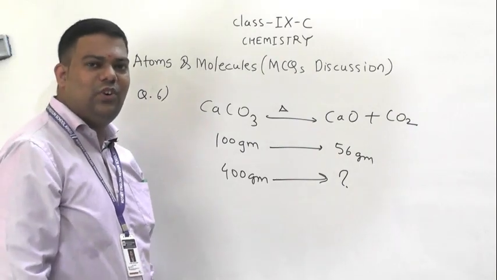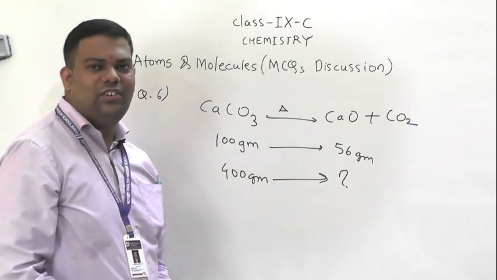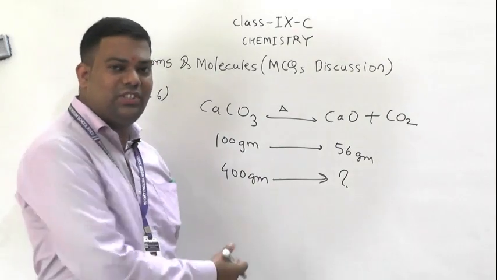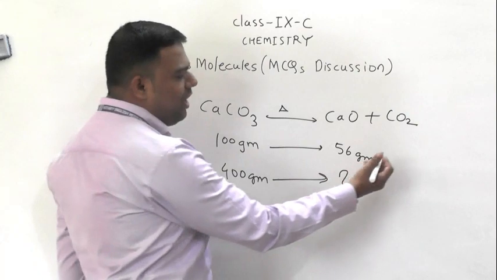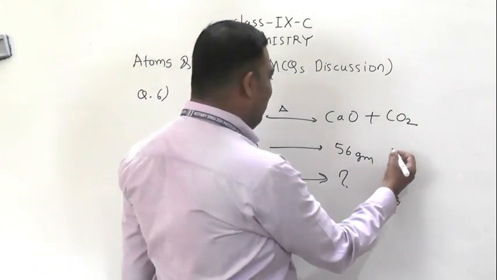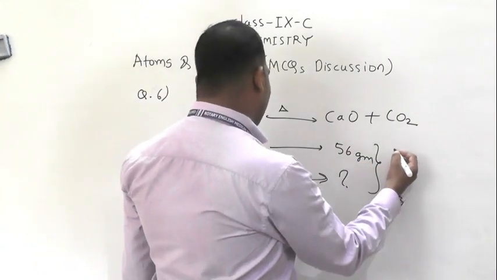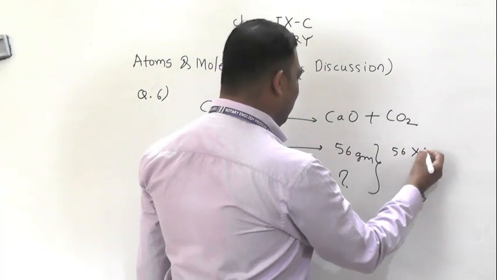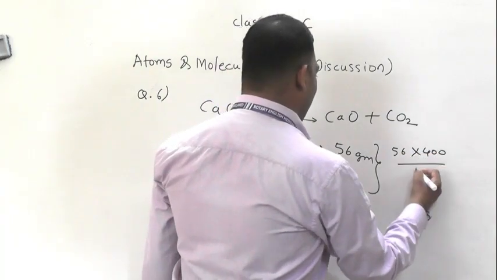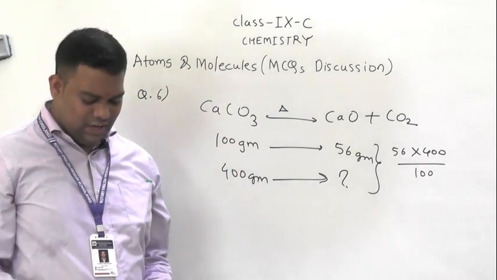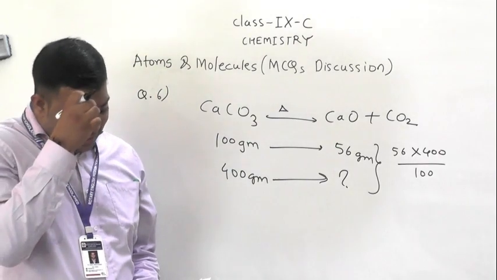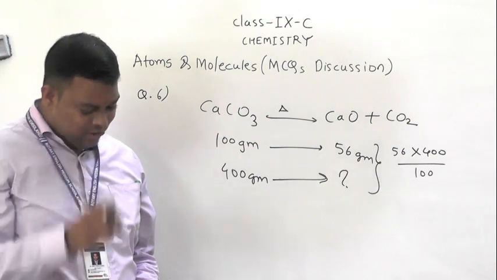So as you know, what is your next process after this? Cross multiplication. So here we can do it. Okay, how can we do it? See, 56 into 400 divided by what? 100. Understood? Then you will easily get your option.